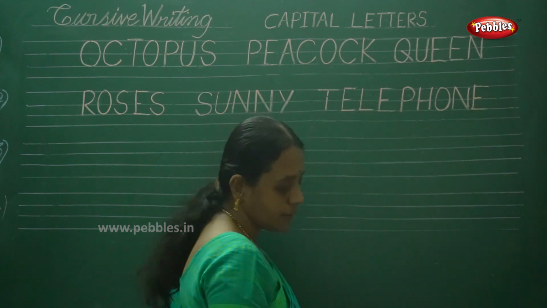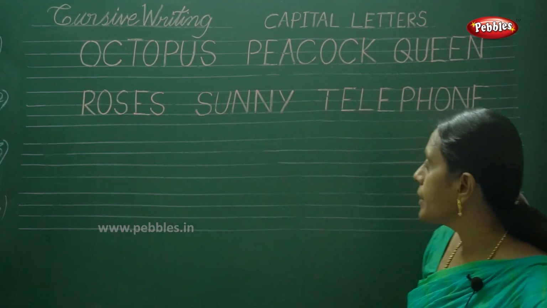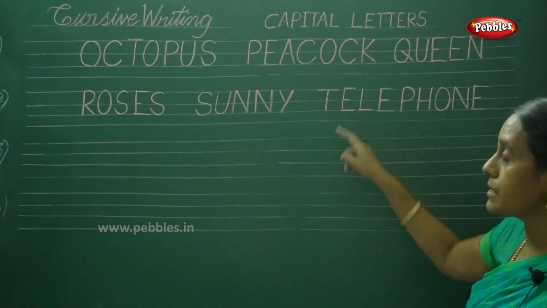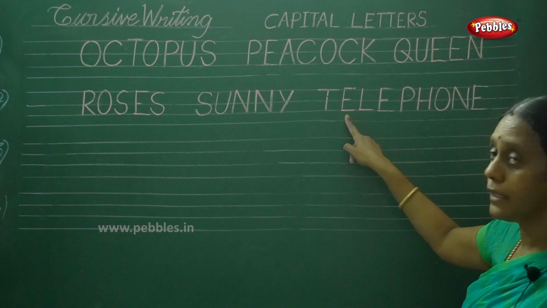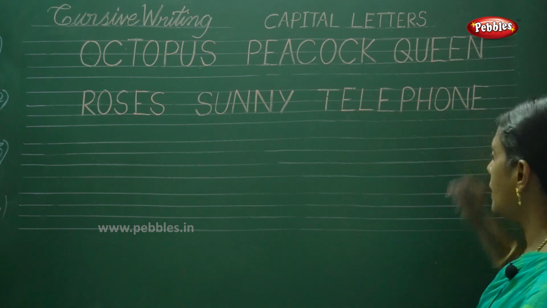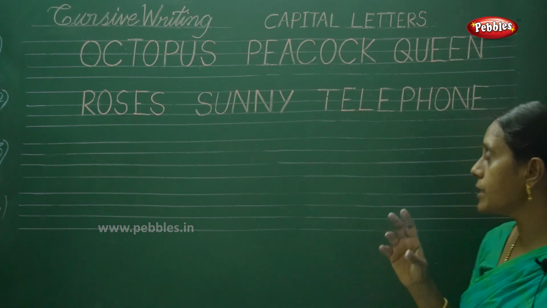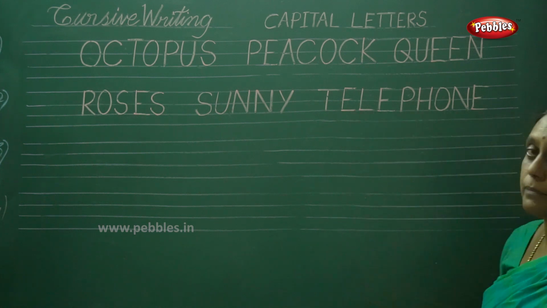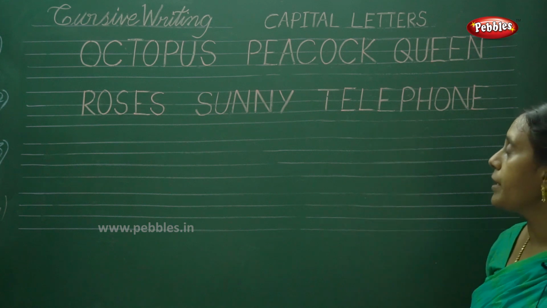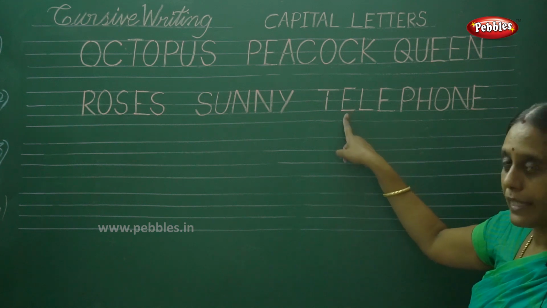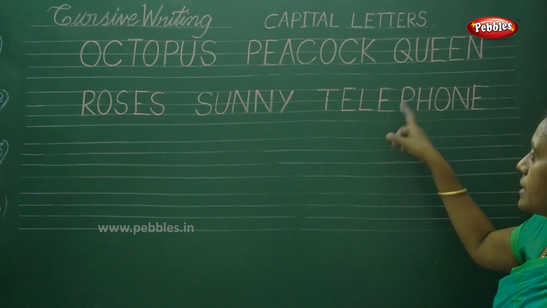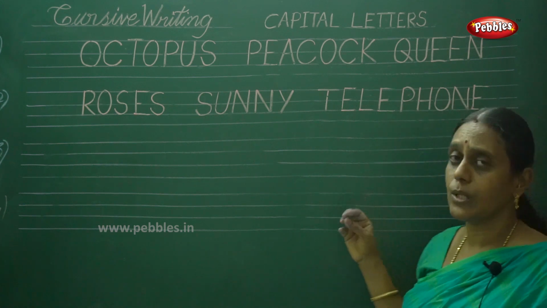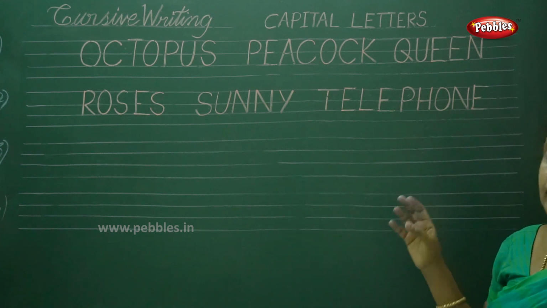Okay, one more thing, listen children, in this word E is repeated thrice. Here 1, 2, 3. Your alphabet shape in each word should be the same. Okay, that's an important point. Here you write one way of E and another method of E, that makes your handwriting look like scribbling, not neat.